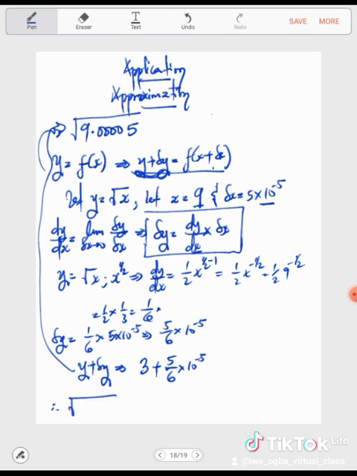Therefore the root of 9.0005 is approximately equal to 3 plus 5 over 6 times 10 to the minus 5. If you compute this using a calculator, you're going to find that really this is approximately equal to this. We'll continue from there in our next class.